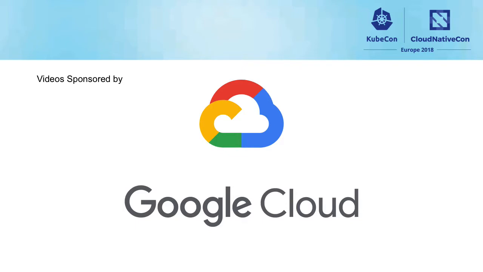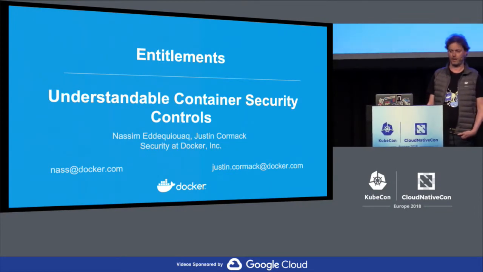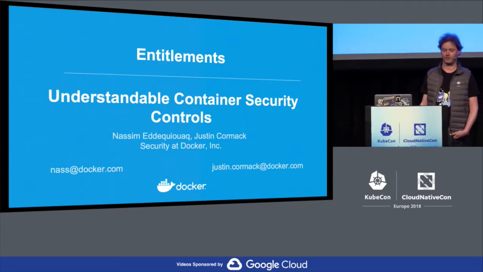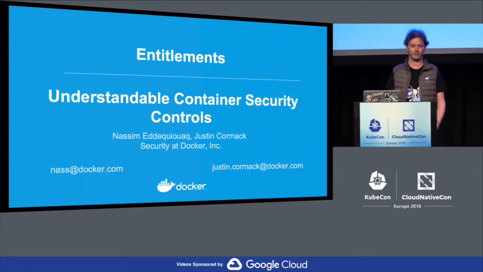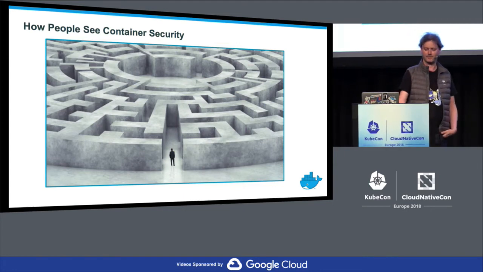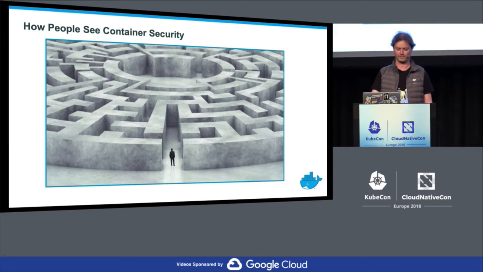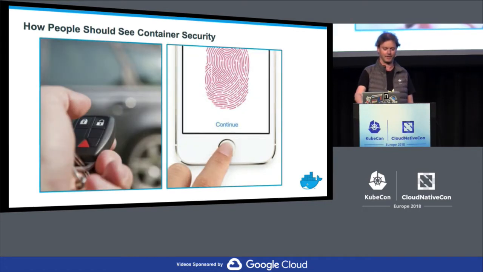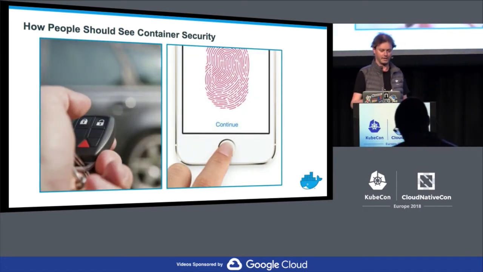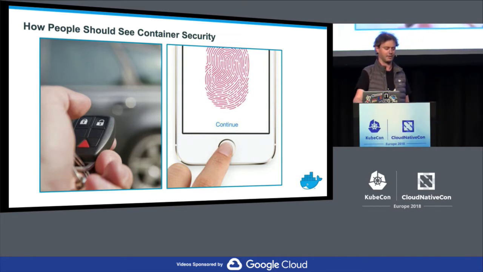We work in the security department at Docker, and we're going to talk about making security controls understandable so that users can actually work out what's going on with security. Container security is often viewed as a really complicated subject, a sort of maze of difficulty, and we'd like security to be something simple, like just putting your finger on your iPhone to unlock it.